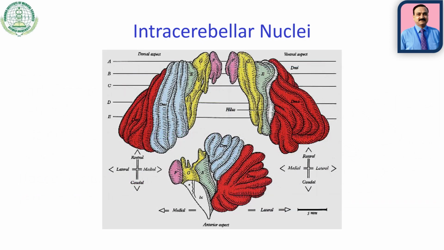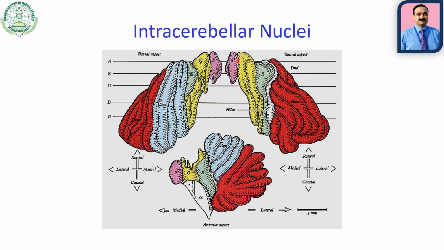If you want to see the three-dimensional picture of all four groups from lateral to medial, you can make out this is lateralmost and largest, that is dentate nucleus, whose hilum is directed medially, and along the hilum you can see this is the second nucleus called as emboliformis.